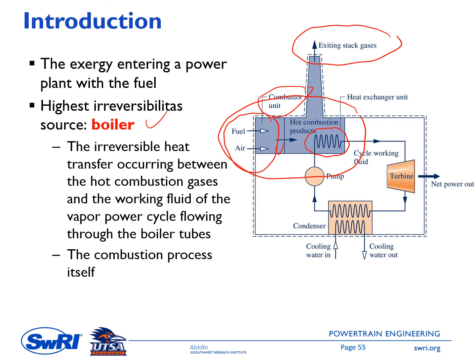The irreversible heat transfer occurs between the hot combustion gas and the working fluid of the vapor power cycle. So this is the main source of the irreversibility, and also the combustion process itself is a source of the irreversibility.